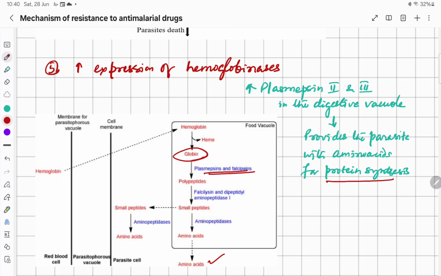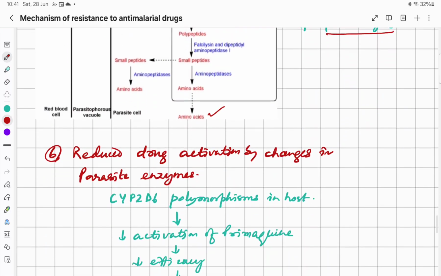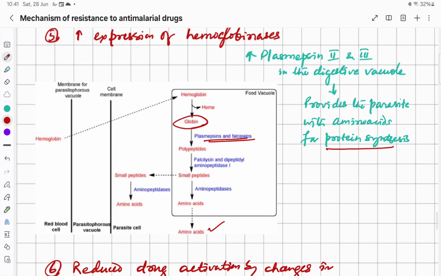So it will help in the growth of the malarial parasite. So that can also be a cause of the resistance of the malarial parasite to the antimalarial drugs.